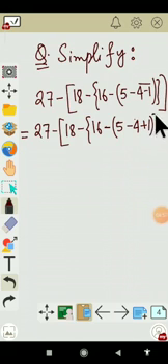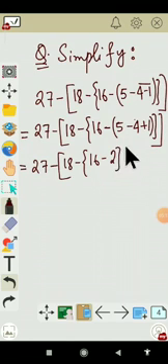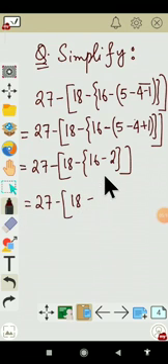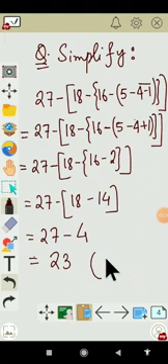What we got inside the first bracket is 6 minus 4, which is 2. Then 18 minus 4 is 4, and this is 23.